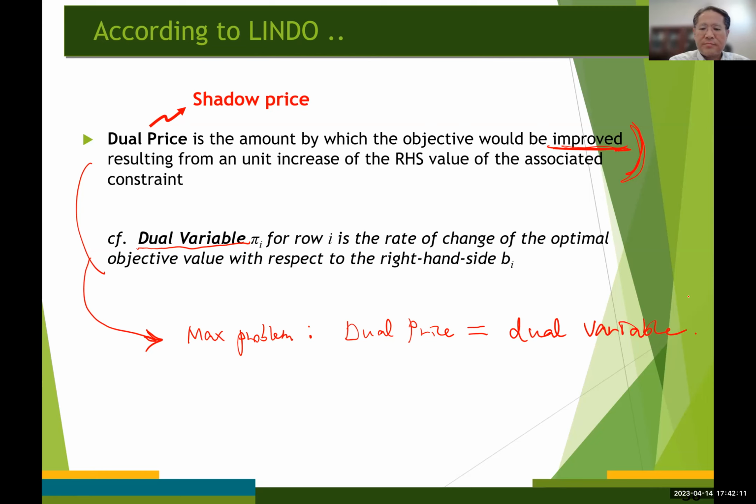Is that right? But in the minimization problem, the dual price is going to be the negative value of the dual variable because of this word improved. Does that make sense?